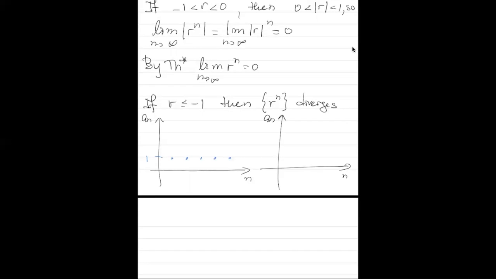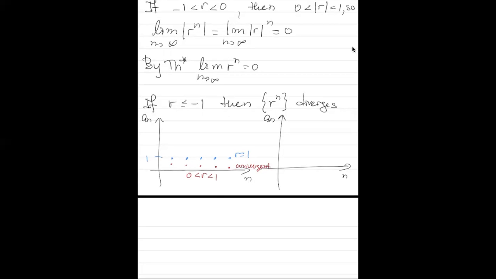It's like a constant. That's r equals 1, and it's convergent. The case when r is positive but less than 1, we have this picture where the elements get closer and closer to 0. So this is the case 0 less than r less than 1, and this sequence is convergent. And so is the blue one.